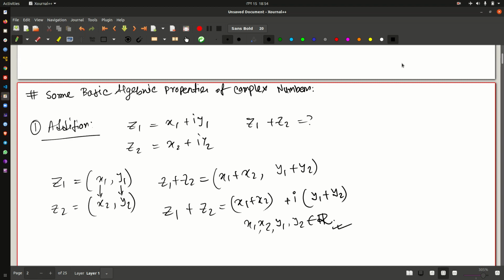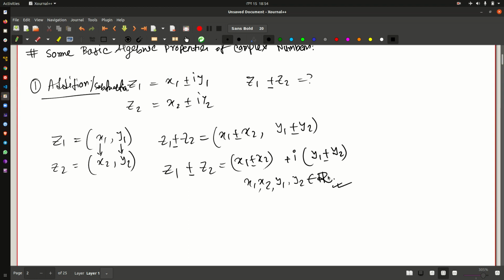So if you just put a plus minus over here, that's it, we are done. Addition and subtraction. They don't have to be positive, these x and y's, they can be anything as long as they're real.